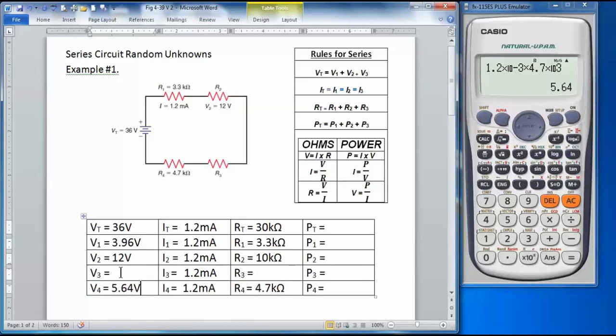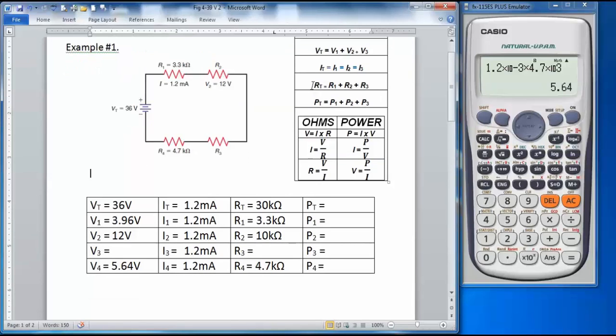So I see that I'm still missing V3 and I am missing R3. There are a couple of different ways I can go about solving this, but basically I can determine the amount of resistance for R3 because of the rule that I have concerning resistance in a series circuit. By observing this rule, I can rearrange this formula to find the missing value.